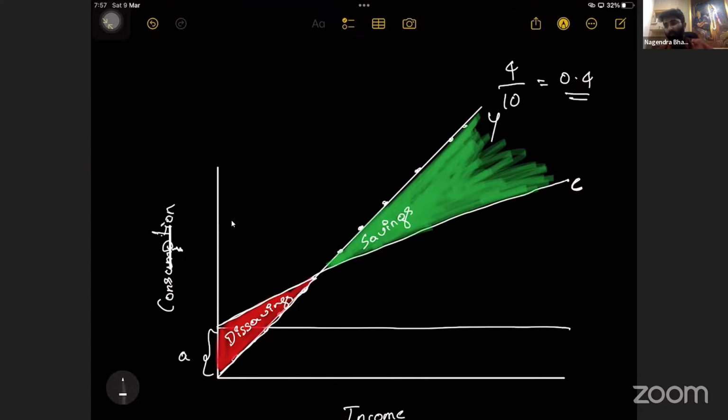I hope this is clear. If expenditure is more than income, then it is dissavings. If income is more than expenditure, then it is savings. As simple as that. Okay, sir. Continue.